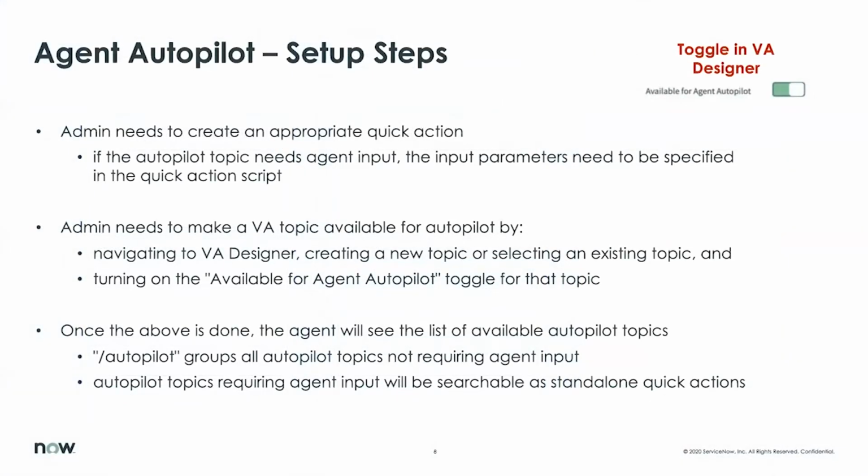I'll be doing a demo on quick actions and agent autopilot. A few of the steps: you have to create a quick action for autopilot if you don't have it in your system, because it is not available out of the box, so you do have to configure it. Once that is done, you have to create a virtual agent topic, however you want to design your flow of questions that you want to ask an end user.